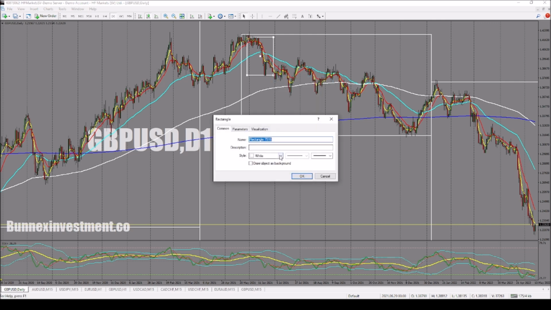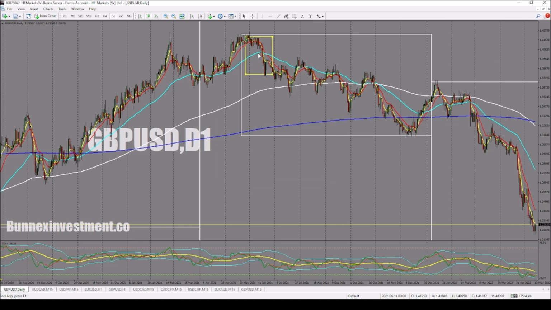So how do we check? We do it this way. We had the first impulsive drop like that, and its consolidation. Then this was an impulsive drop. Then we had another impulsive drop that did not break this low significantly.